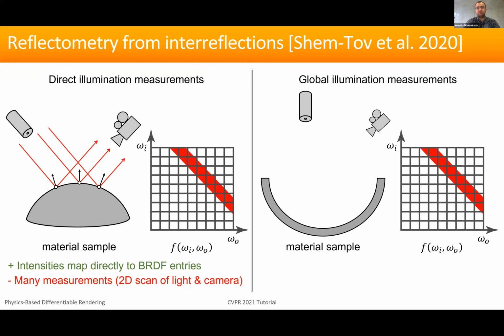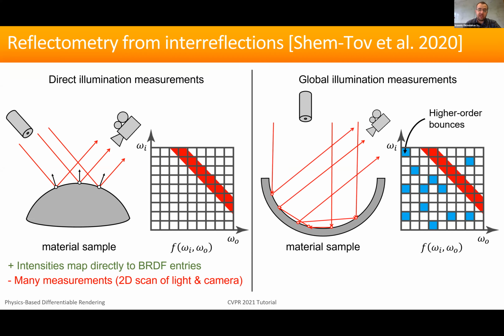What we can do now, instead of relying on direct illumination measurements, is change the shape of our sample so that our measurements will include global illumination. For example, in the simple example I'm showing here, instead of taking a convex spherical sample of the unknown BRDF, we can take a concave sample. Now, in addition to the measurements we have from direct illumination, our images will include a lot of photons that bounce multiple times inside our sample.